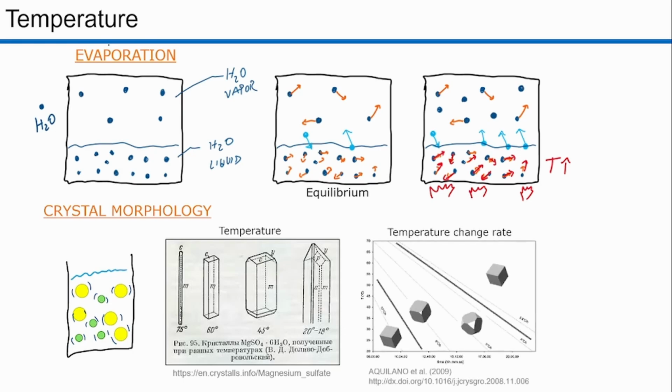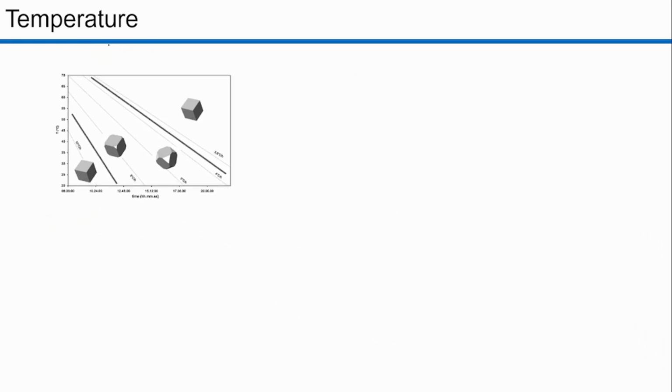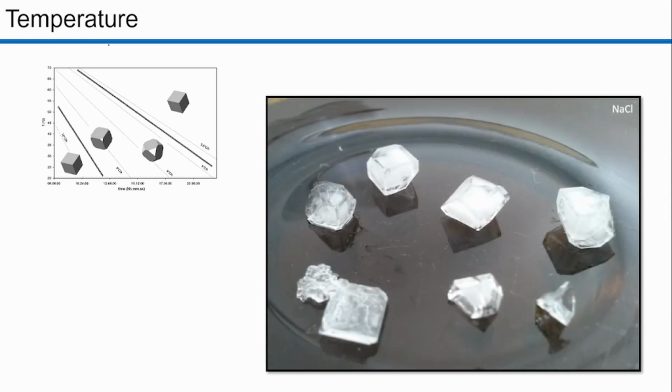Also, not only the temperature, but the temperature change rate might shape your crystal in a different way, as you can see in this graph from this study down here. I have some photos of some sodium chloride crystals that I grew a while ago, and you can see how that shape is right here.